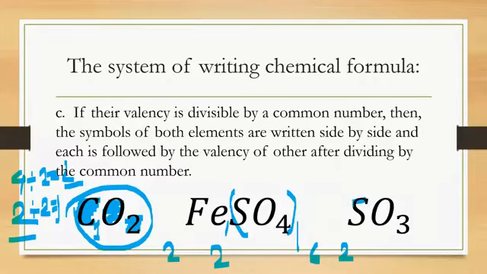So first of all, we write down sulfur and oxygen. When we divide the valency of sulfur by 2, it is 3, which is written after oxygen. And when we divide the valency of oxygen by 2, it is 1, which is written after sulfur.